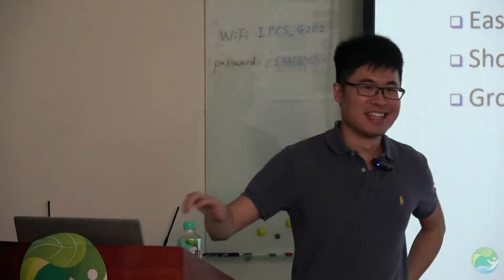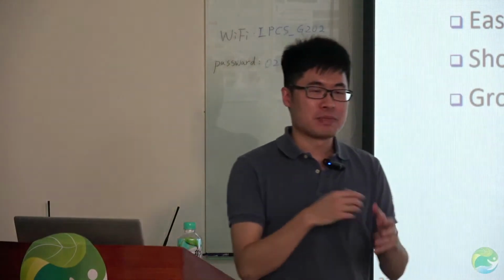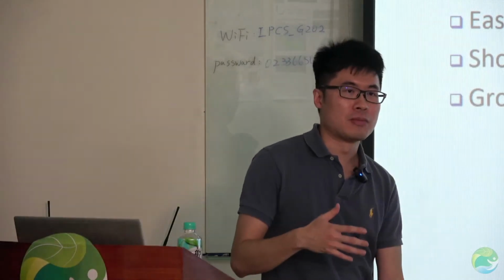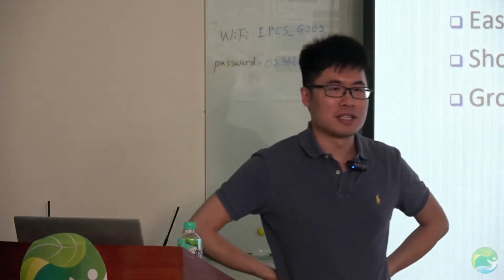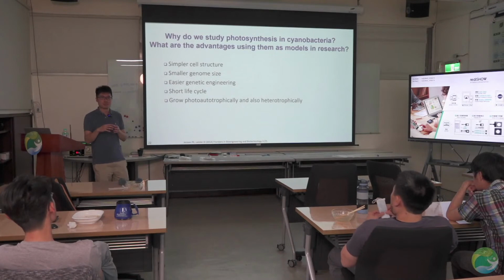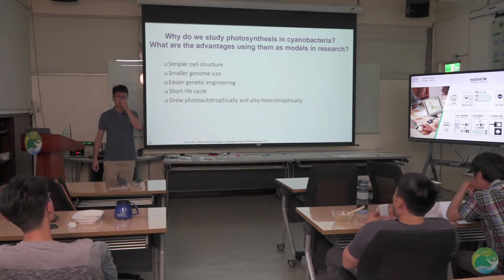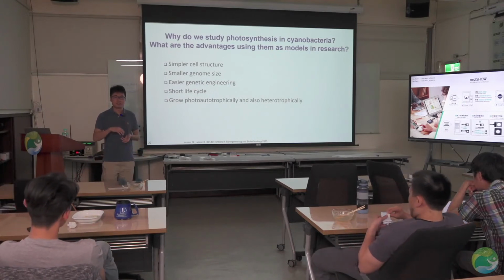So no stomata, but there's a specialized compartment. It's not an organelle, but it's a compartment in cyanobacteria called the carboxysome. It can concentrate the CO2 inside that compartment, and so they can have a higher concentration of CO2 inside the cell.